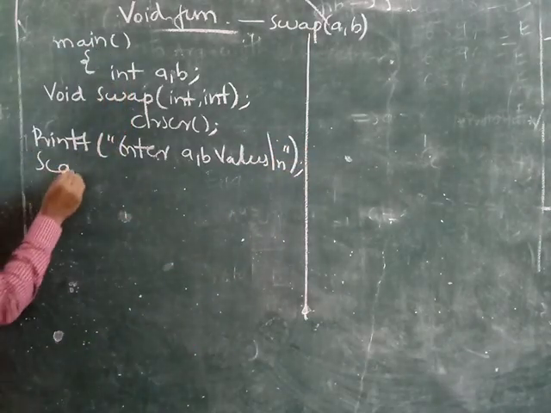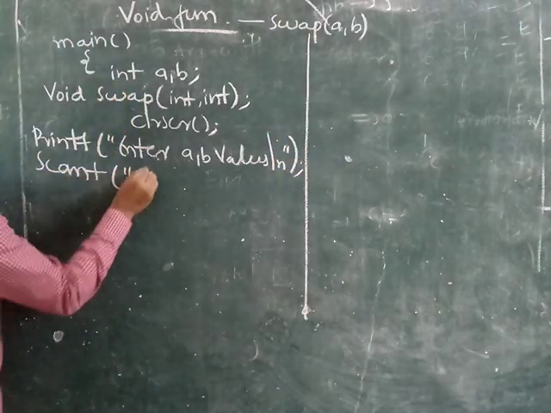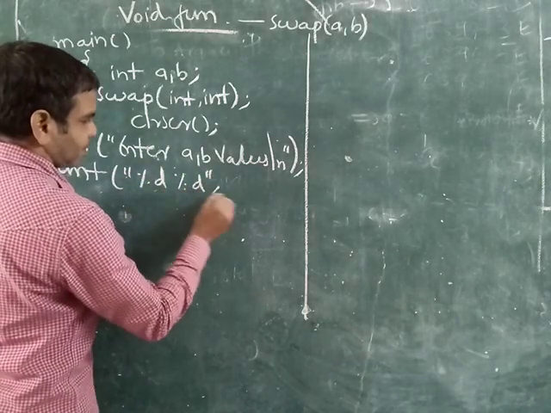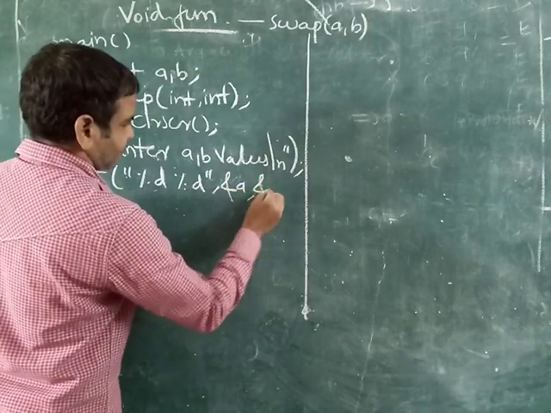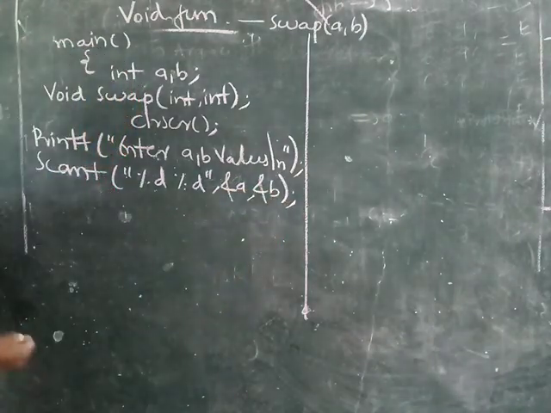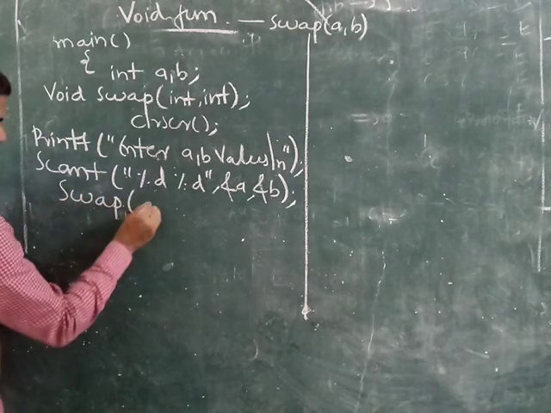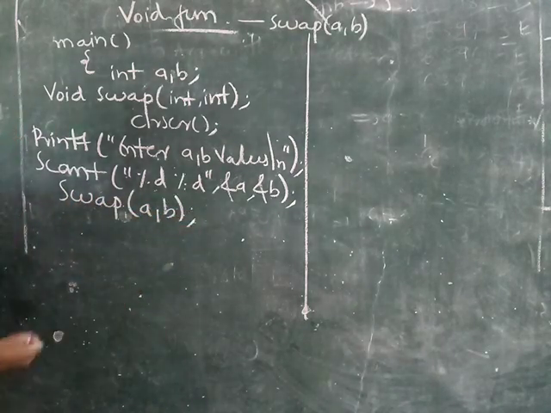scanf percentage d, percentage d. Swap of a comma b, then getch.